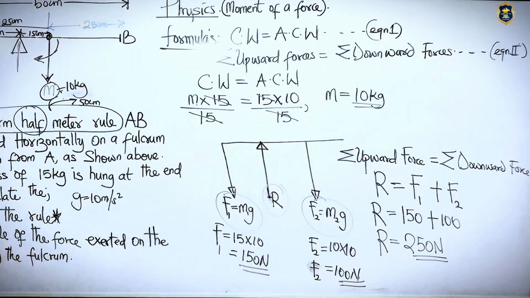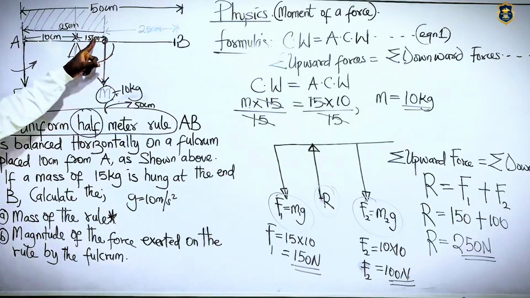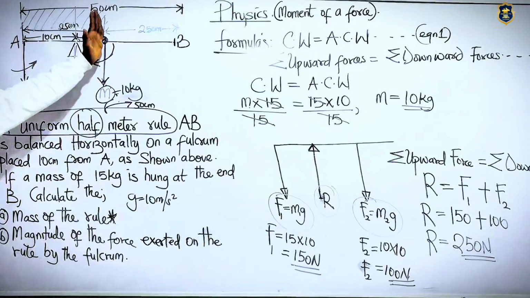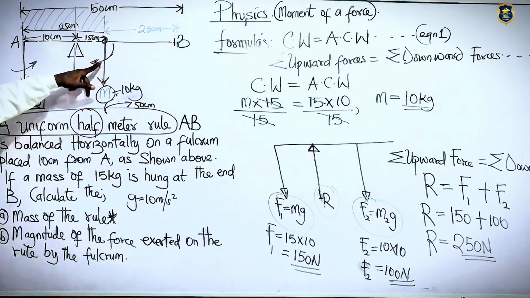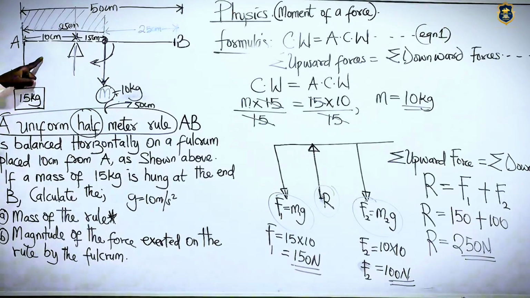First of all, we look for the mass of the rule. And I told you the mass of the rule is always at the midpoint, and it's a half meter, which is 50. So this part is 25, this part is 25. That's how we got this. So we now know that here is 15, here is 10 by the length. And we said for us to get the mass, the clockwise moment is equal to the anti-clockwise moment.